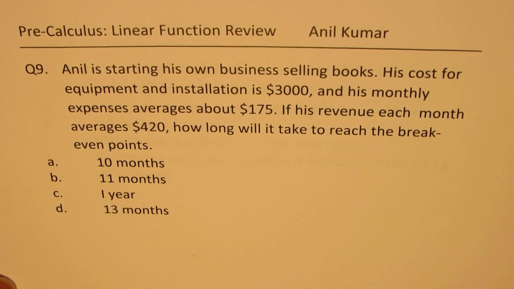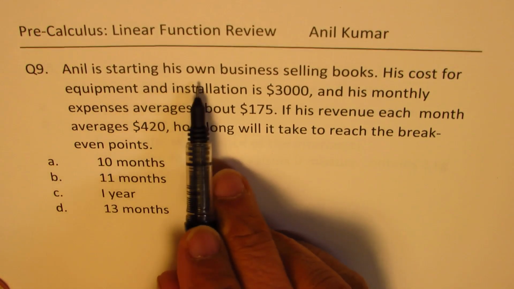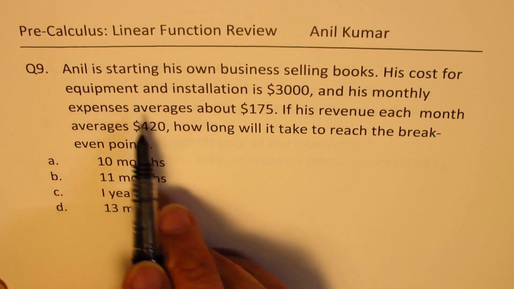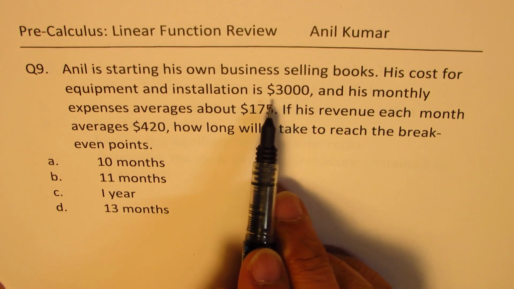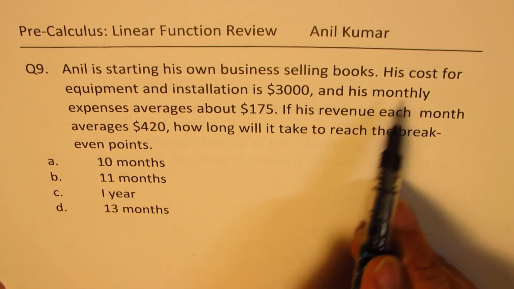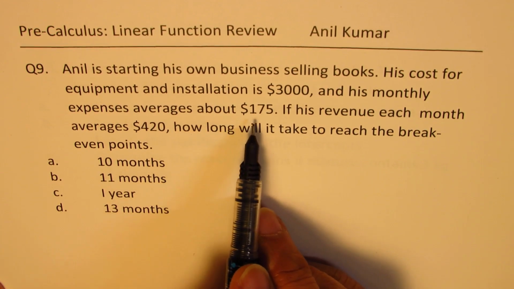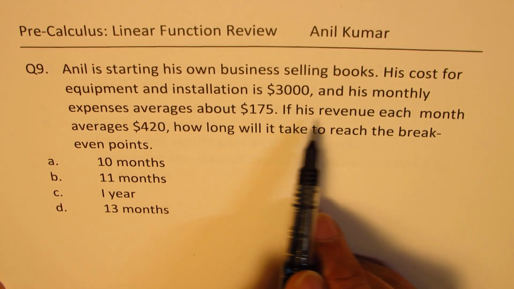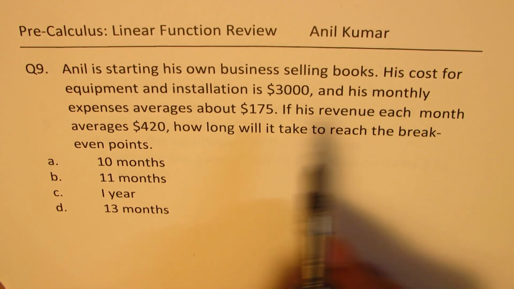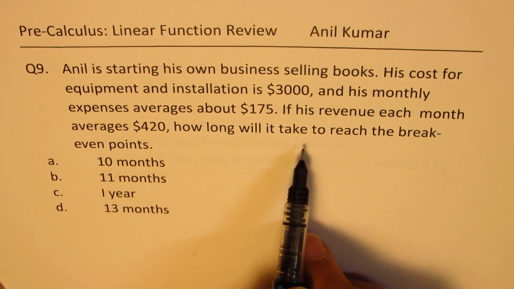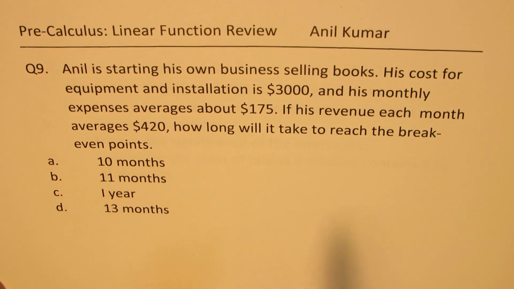Question number 9. Anil is starting his own business selling books. His cost for equipment and installation is $3,000 and his monthly expenses average about $175. If his revenue each month averages $420, how long will it take to reach the break-even point?